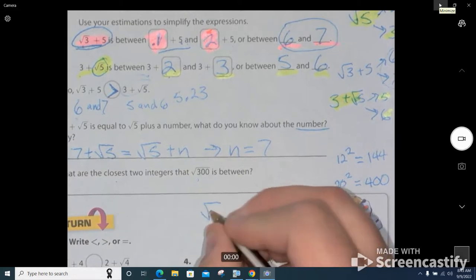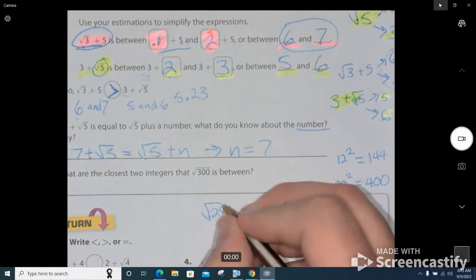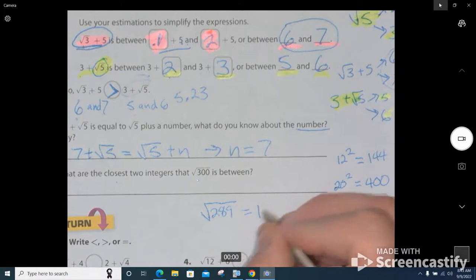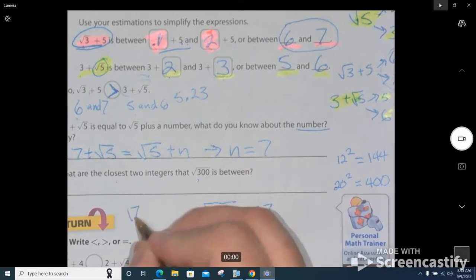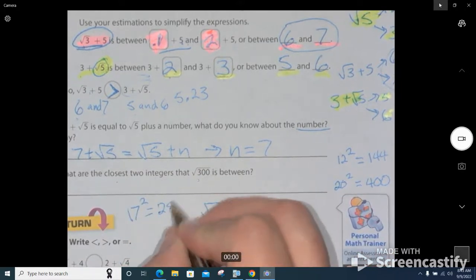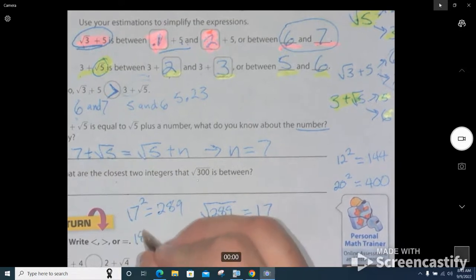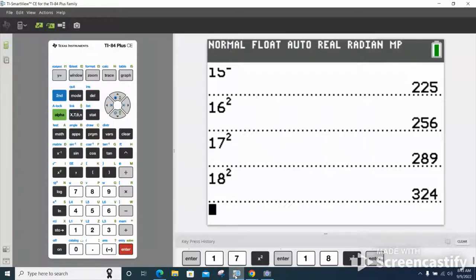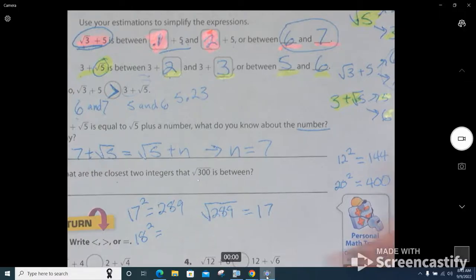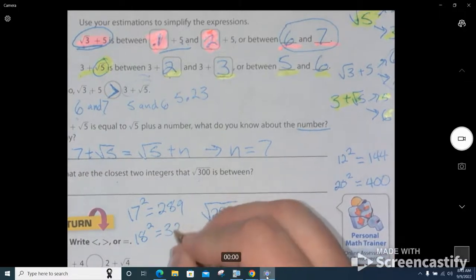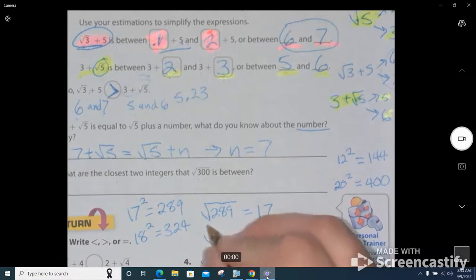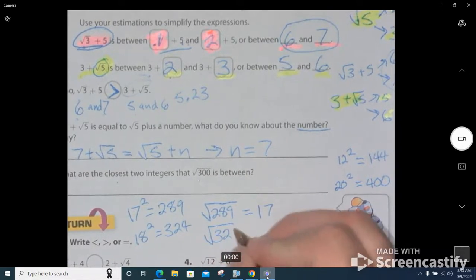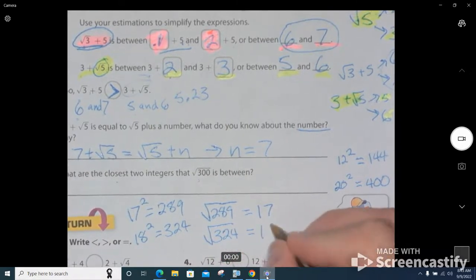So the square root of 289 would be 17, right? Because 17 squared is equal to 289. 18 squared is equal to 324. So that means that the square root of 324 is equal to 18.